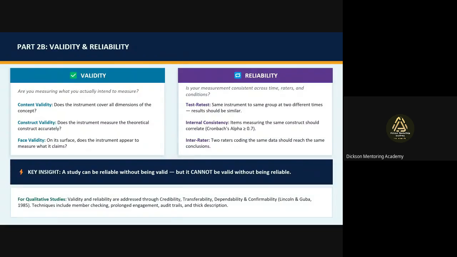But since this class is not only for science, that is why I'm bringing this up. A study can be reliable without being valid, but it cannot be valid without being reliable. So validity is very, very important. Are you measuring what you actually intend to measure? That is a very, very important question, whether in sciences or in social sciences.